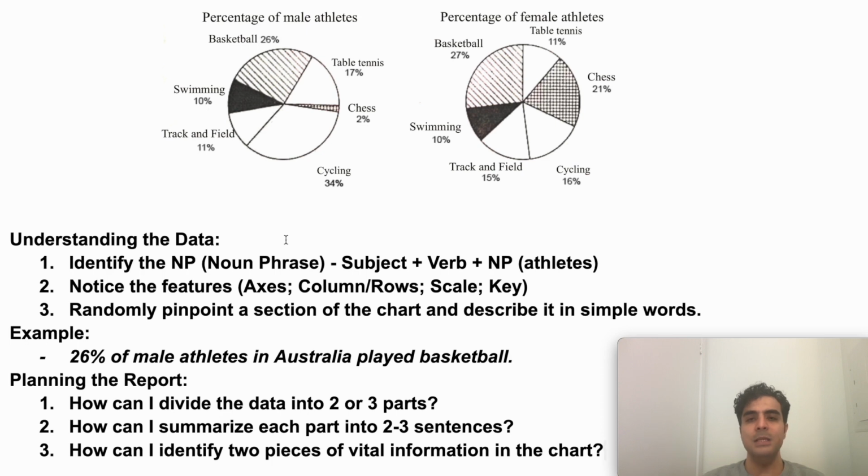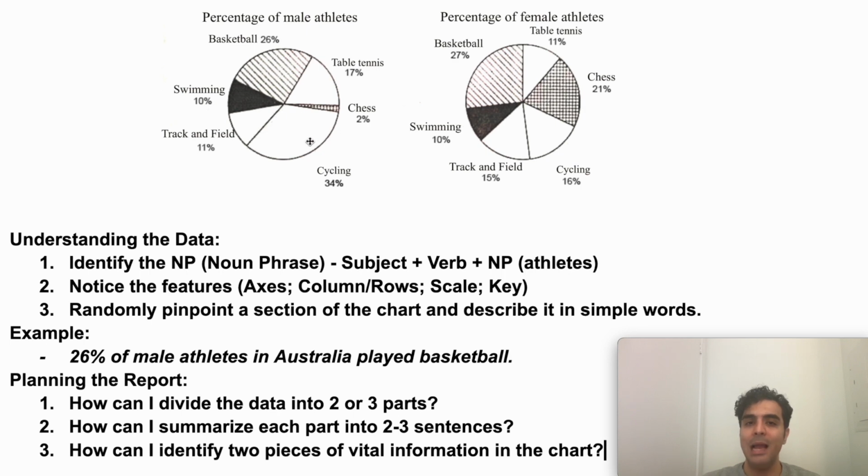Let's take a look at this pie chart right now, and let's see what kind of comparison would make sense. Well, if we look at the highest percentages, we'll see that among females, it seems that basketball is number 1, right? So we have 27%, all other numbers fall below.